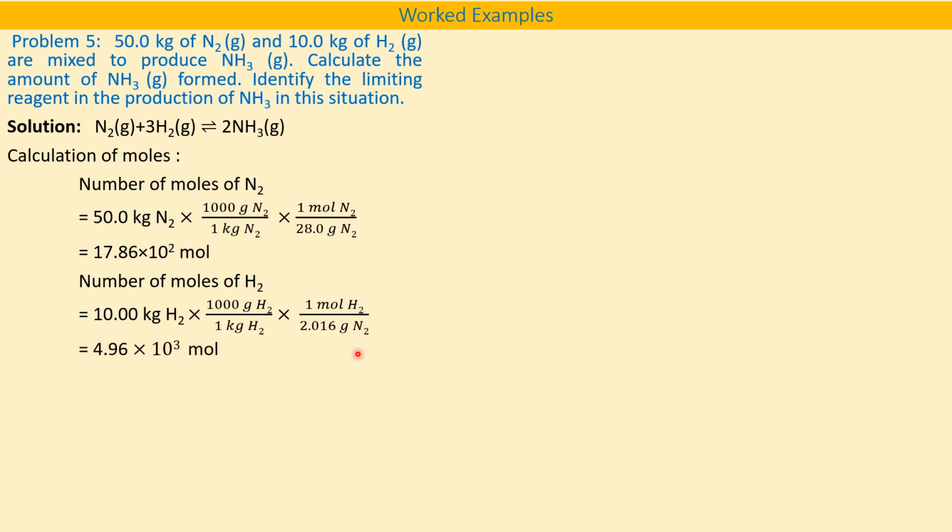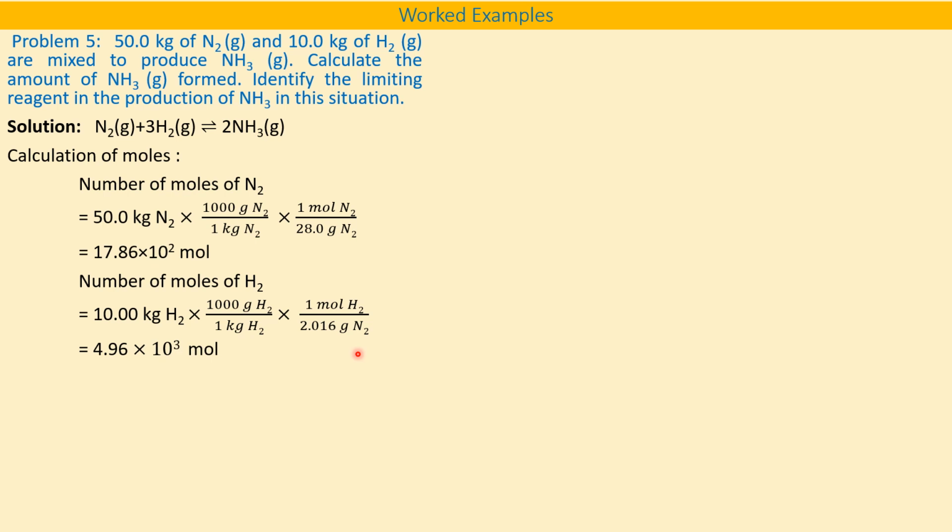Simplifying, we get the answer as 4.96 × 10^3 moles. So that is the number of moles of hydrogen.